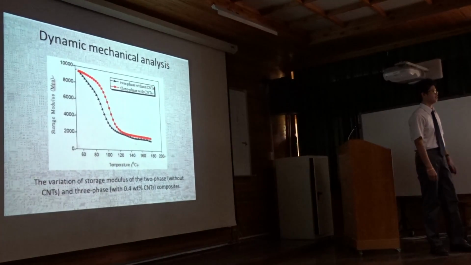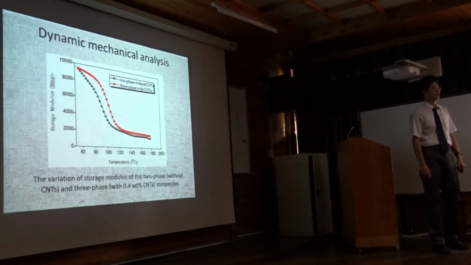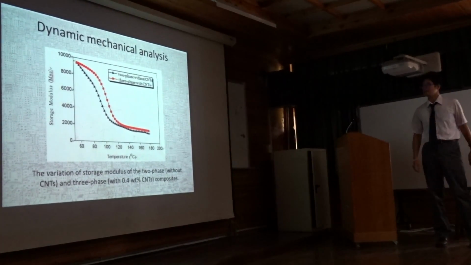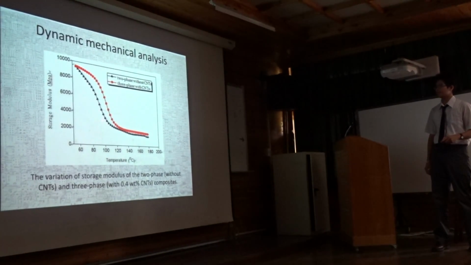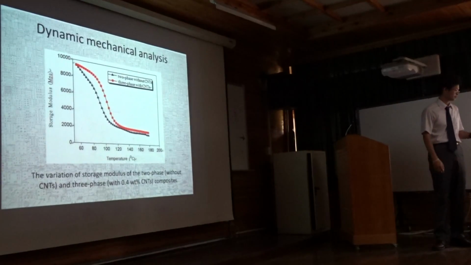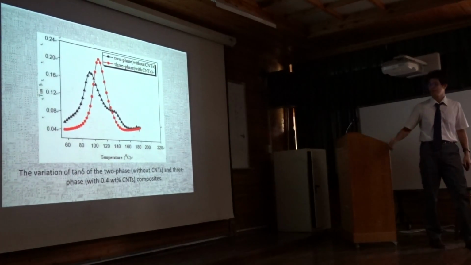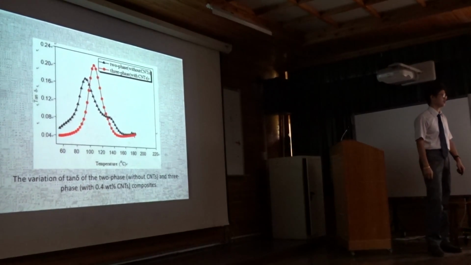The temperature dependence of storage modulus for the two-phase and three-phase composite was shown in this figure. And the results show that the storage modulus of three-phase composite is higher than two-phase composites. This figure shows the glass transition temperature of two-phase and three-phase composite.